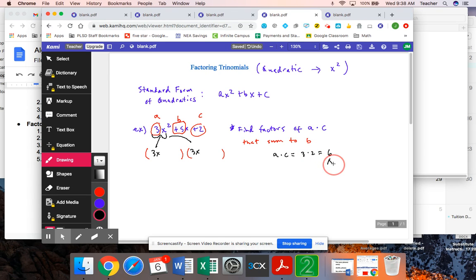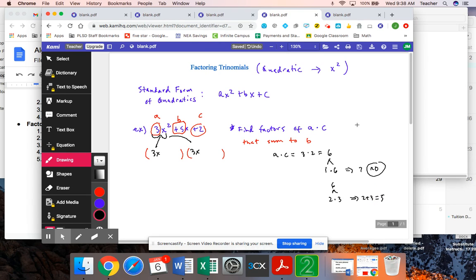I need to find factors of 6 that add up to b, or 5. Now, if I did 1 times 6, when I add those, I get 7. So no, that's not going to work. What about if for 6, I did 2 times 3? Well, when I add those, 2 plus 3 gives me 5, which is my b.